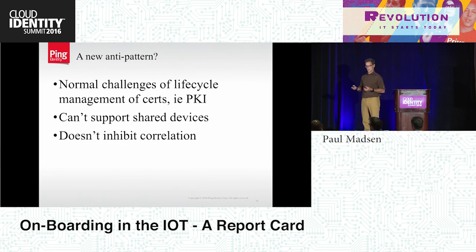So we can't support a really important use case where a single device is shared amongst different users, smart scales, et cetera. And it doesn't inhibit correlation, right? Because if that device is using the same cert or the same private key to authenticate to multiple servers, then those servers would be able to inappropriately correlate all that behavior.